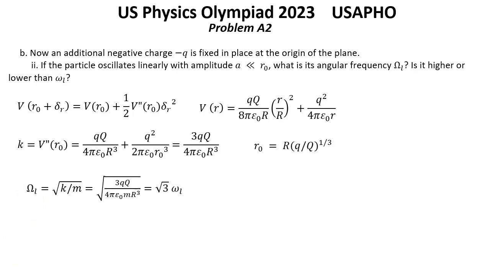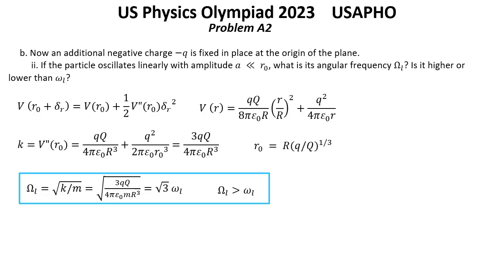So we have big omega L equals square root of K over M, or this one, which is root 3 multiplied by omega small l. It means that big omega is greater than small omega. That was the solution for question 2 from part B.